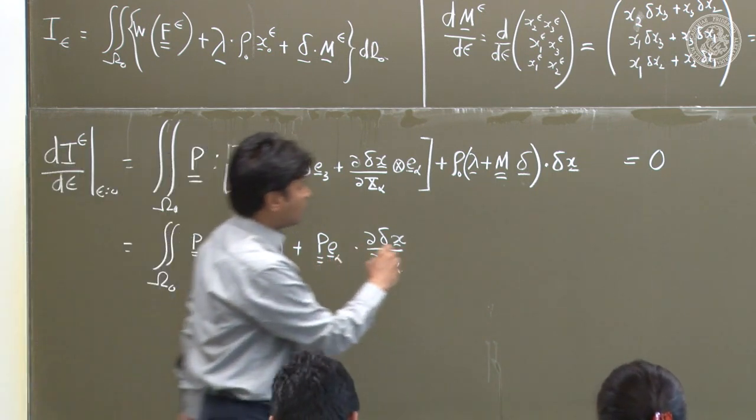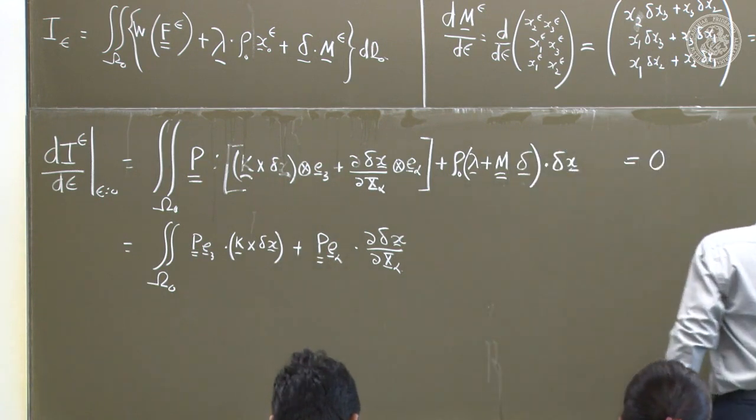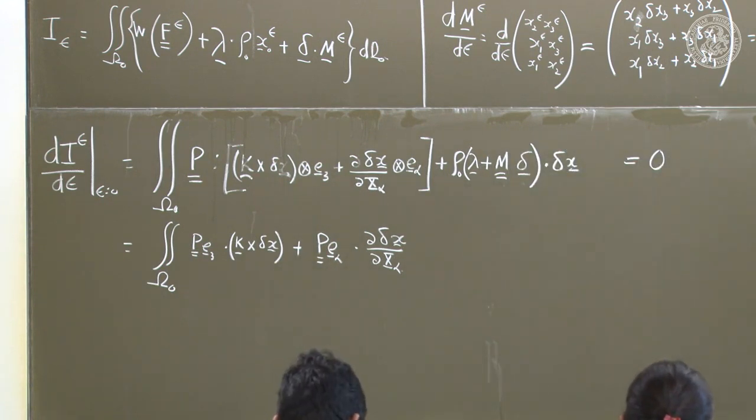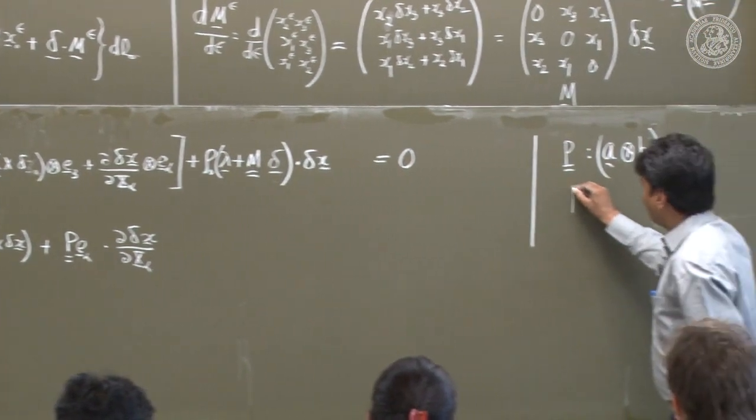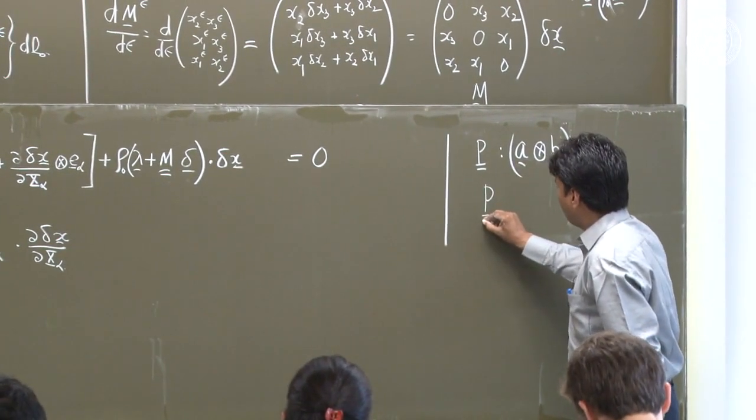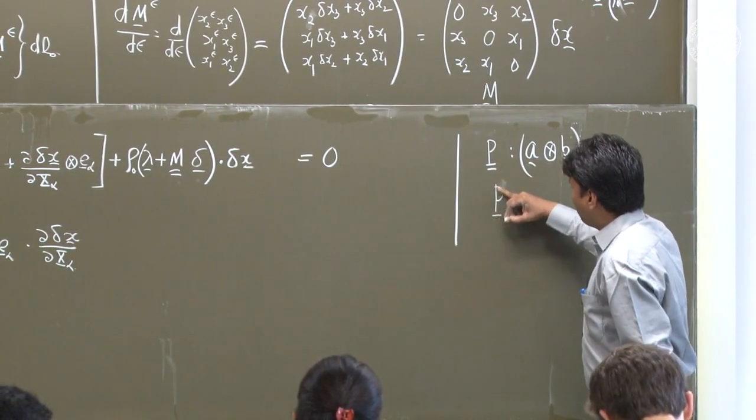Maybe I'll just work this out over here for a general case. If you have a tensor P double contraction A tensor product B, then this is same as your P. Well, we want to prove that.